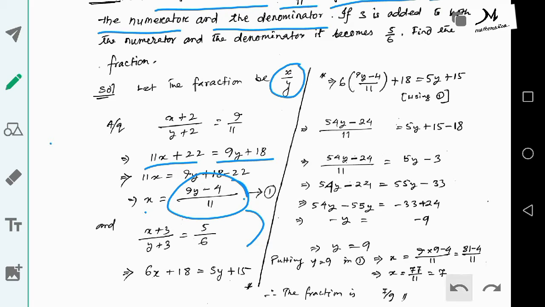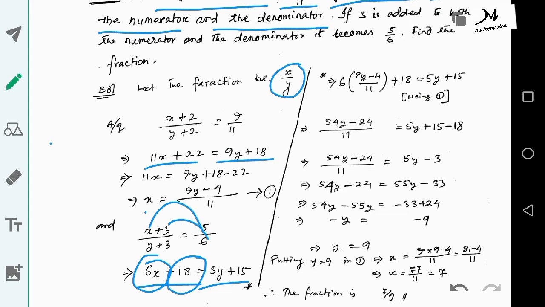Now again we have done cross multiplication, and doing so we have got 6x plus 18 is equal to 5y plus 15. 6 into x is 6x, 6 into 3 is 18, then y into 5 is 5y, then 3 into 5 is 15. Now this x is replaced by this value of x.